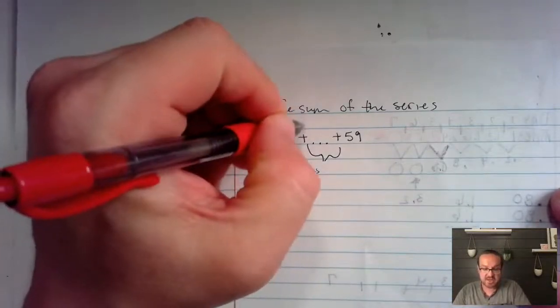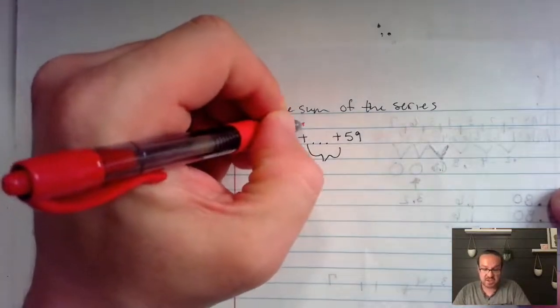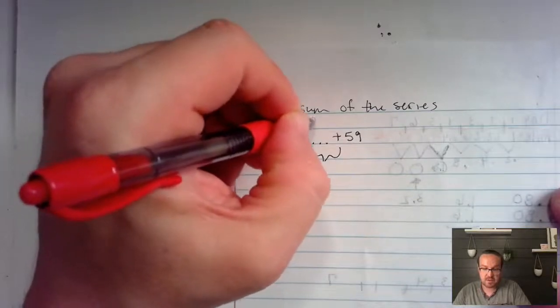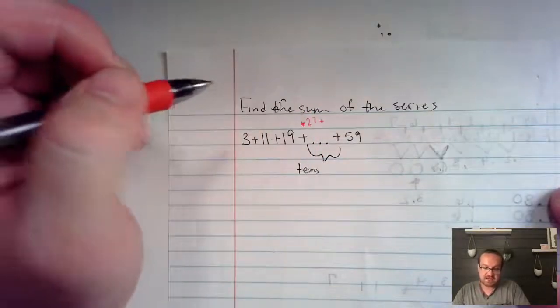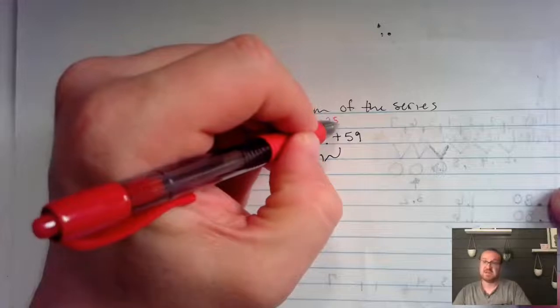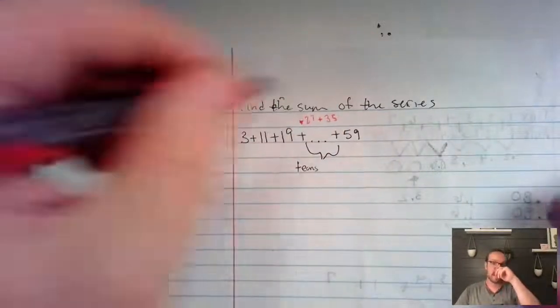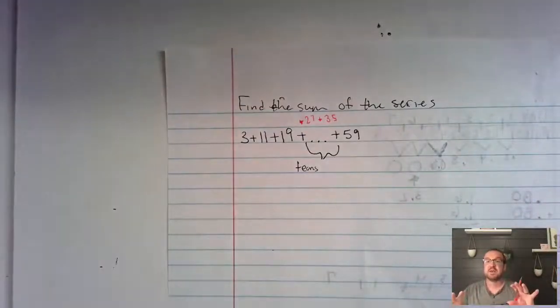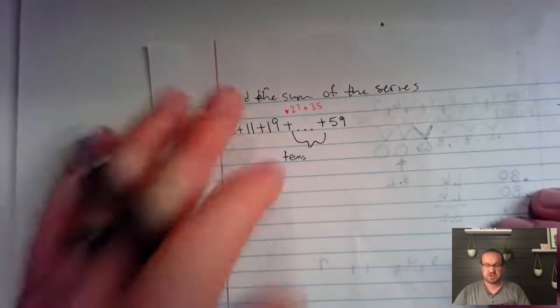I could just add 8 to it each time, right? And then see if I can come up with 59. See how many terms I would then have in the pattern. That's a perfectly acceptable way to do it. Remember, it's arithmetic, so we know it has to add a number each time. Let's try using the formula, though, instead of just trying to write this out.